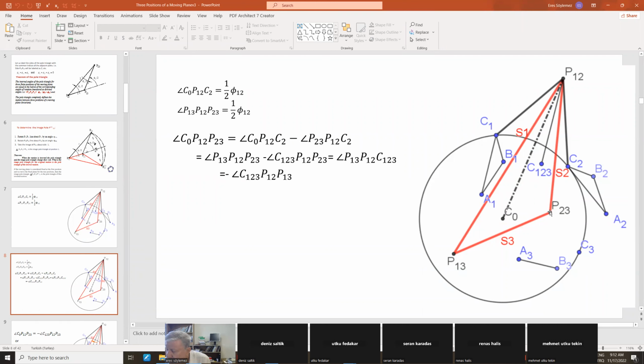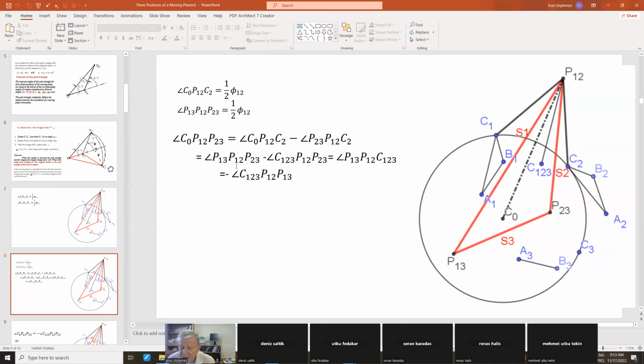P23, P12, C2 is equal to C123, P12, P23. Why? Because we showed that since C123 and C2 are the images with respect to side 2, these two angles are the same, correct? In terms of direction, C123, P12, P23 is equal to P23, P12, C2.